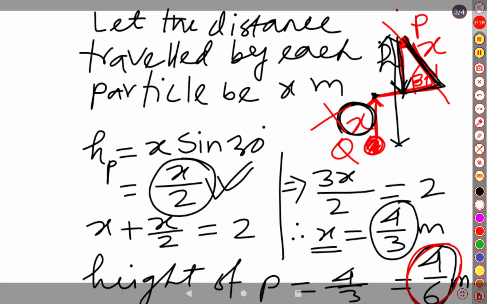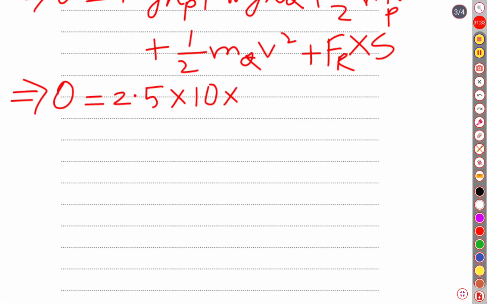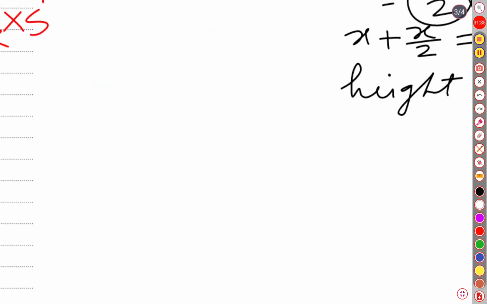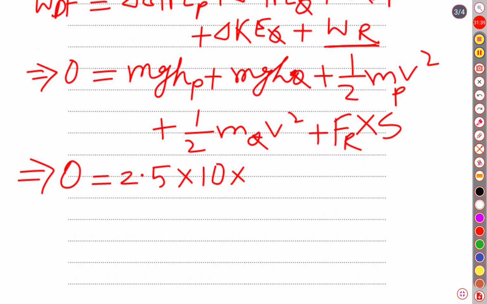Look, P is coming downward, so height will be negative, because we are finding the difference between the heights. If the initial height is over here, then our reference line is here. So as it is going downward, for P it is going to be negative, because we are finding the difference between the height. So let us write negative 4 over 6.